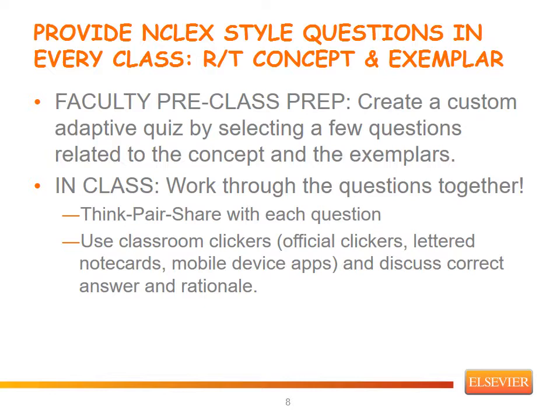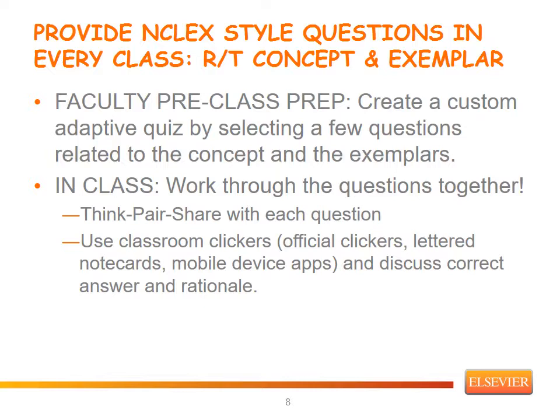You can use a think, pair, share type of activity where two students pair together, they think through and answer the question, and then they have to share their answer and rationales with the classroom. You can also use classroom clickers. Of course, if you have official classroom clickers, you could use those.